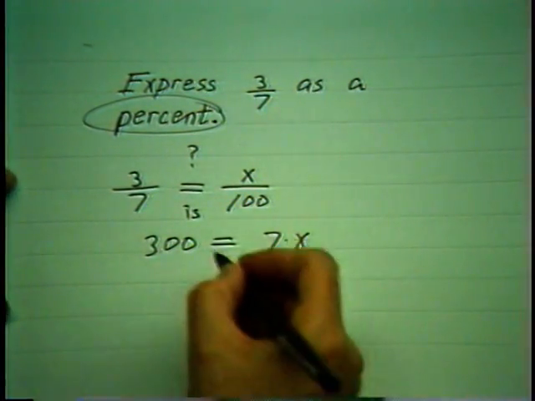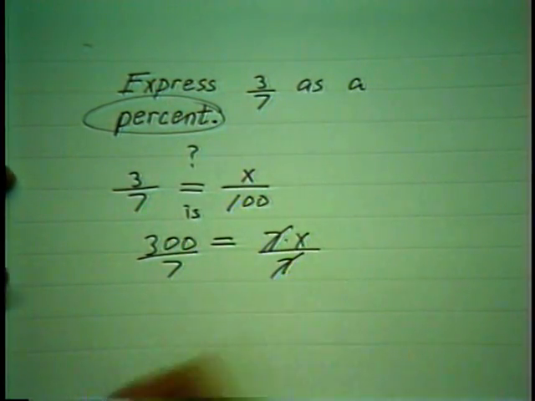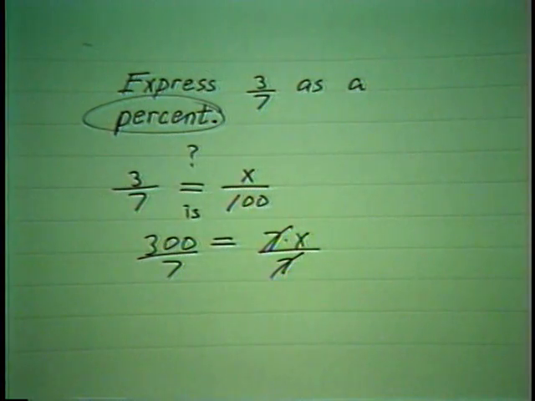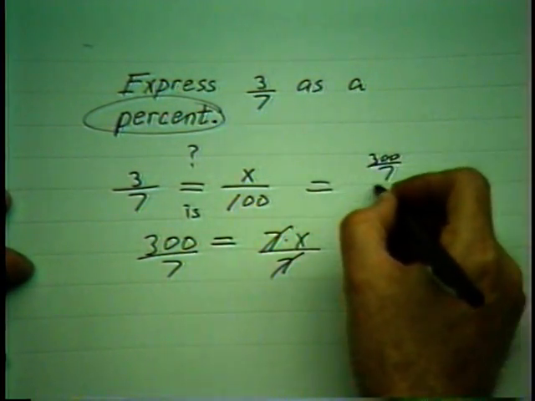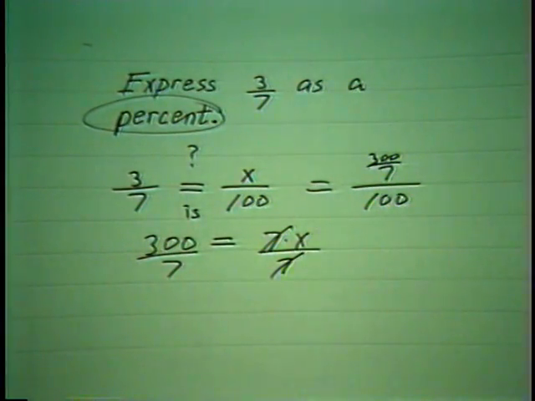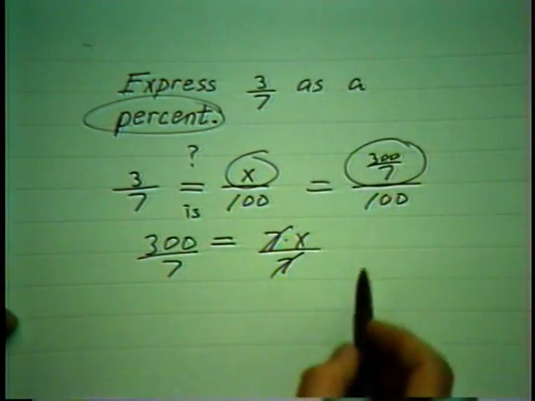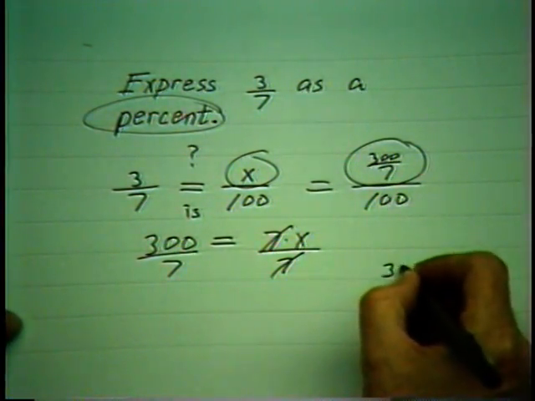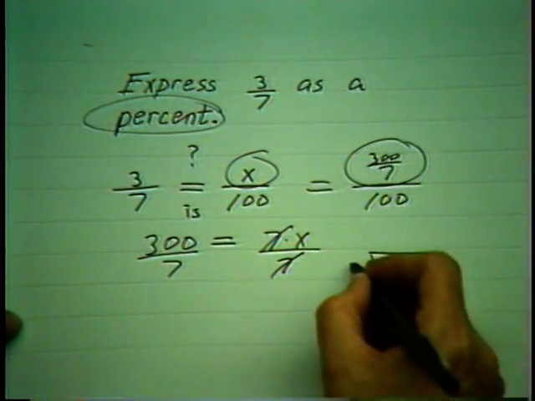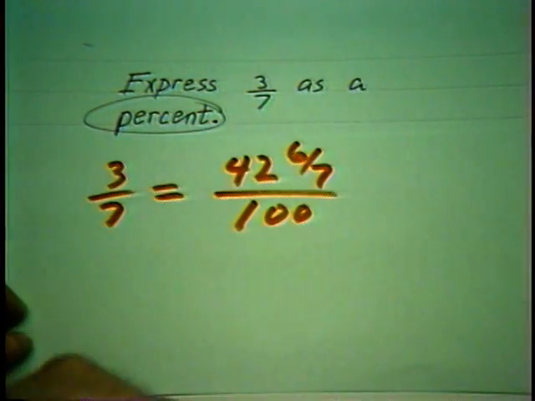And to solve this equation, the second step is to divide both sides by the multiplier of the unknown. And so my x is 300/7 100ths. A rather messy way of saying it. So usually we'll take the 300/7 and divide it out, and we'd get 42 6/7.